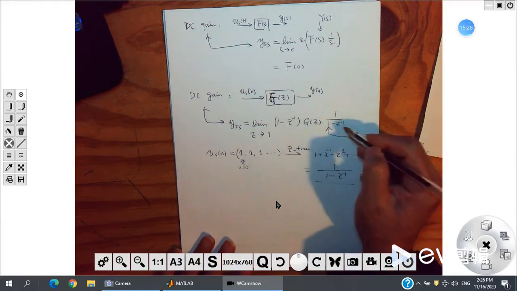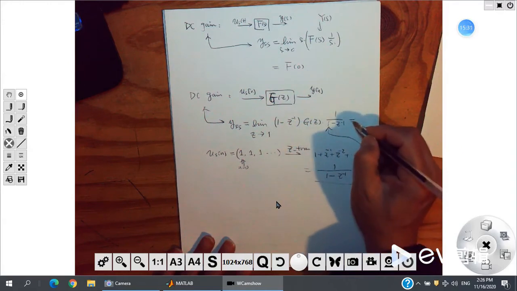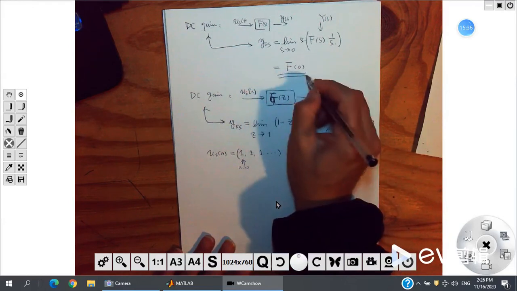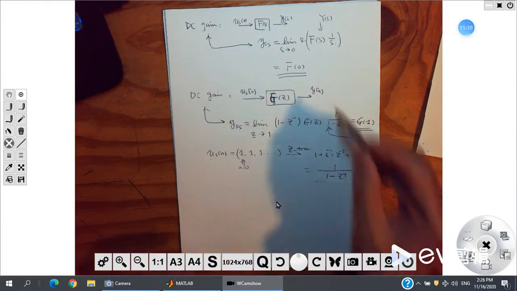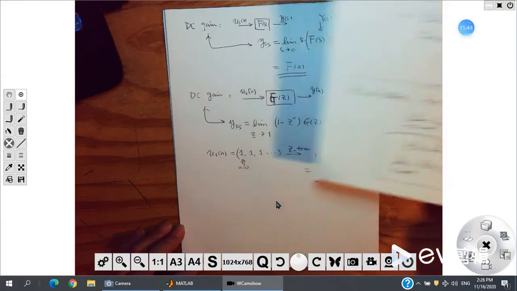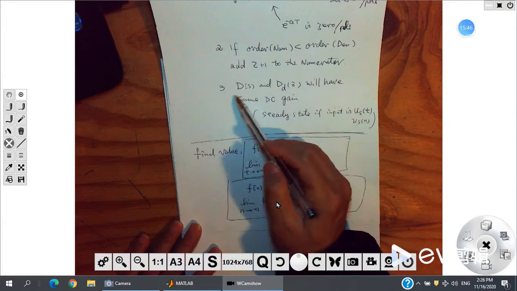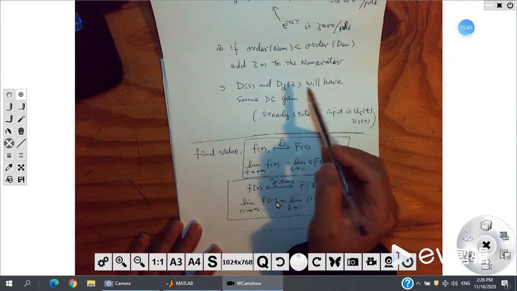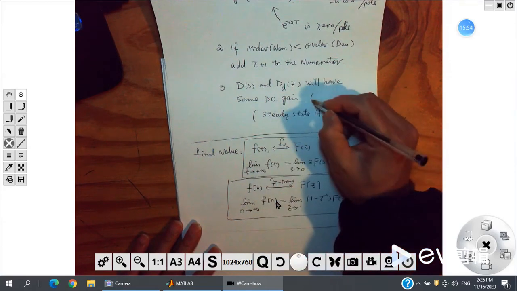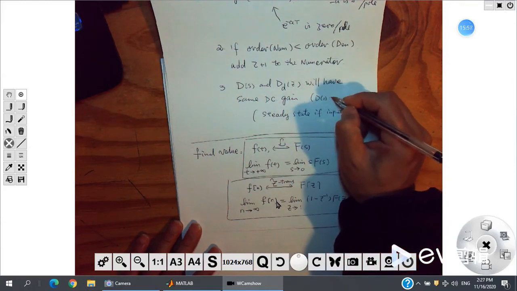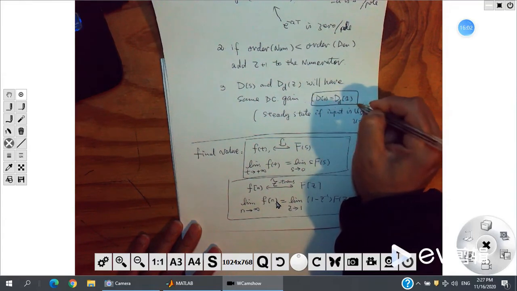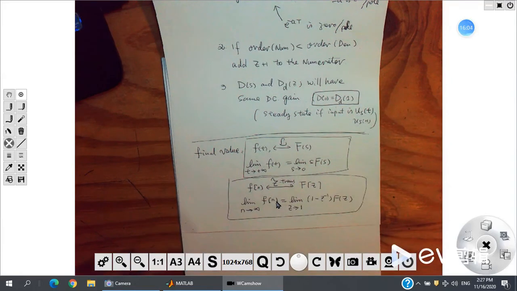You see, these two cancel, and z tends to 1, so this is G(1). So we want these two to be the same. This is the third step of the method. We want them to have the same DC gain. That means D(0) equals DD(1). That's this one. Alright, the method is clear, right?